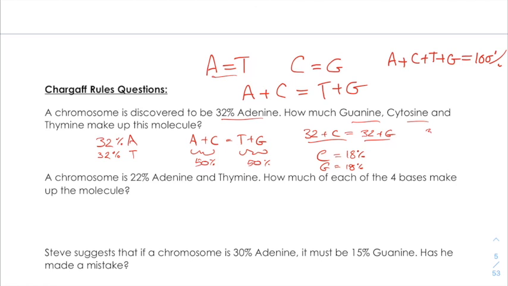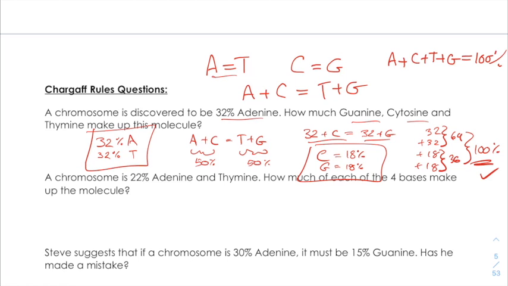We can go 32 plus 32 plus 18 plus 18. This is 36 and this here is 64. So together that's your 100%. So that is correct. So that's our final answer. That's all of our DNA components.